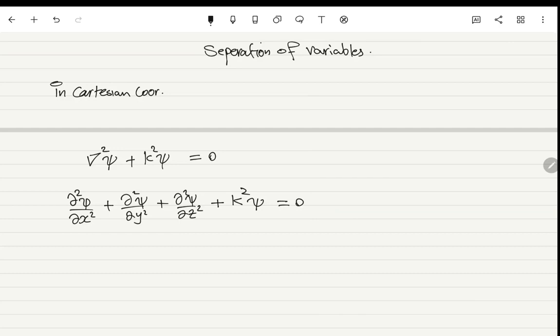Now let's assume that psi equals a function of x, a function of y, and a function of z.